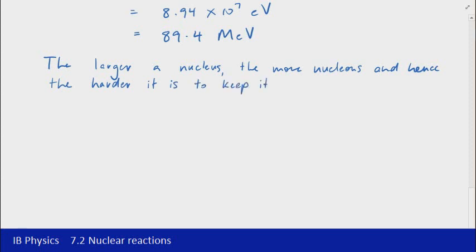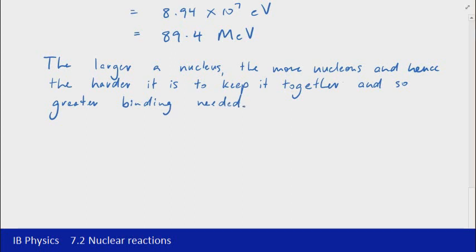And if it's harder to keep it together, that means there's more binding energy needed. And we'll see in class, when we go through and have a look at some of these problems, the binding energy does indeed increase for the larger nuclei.